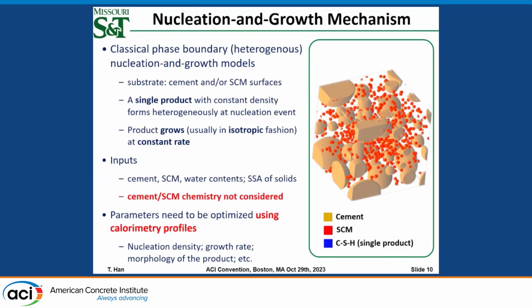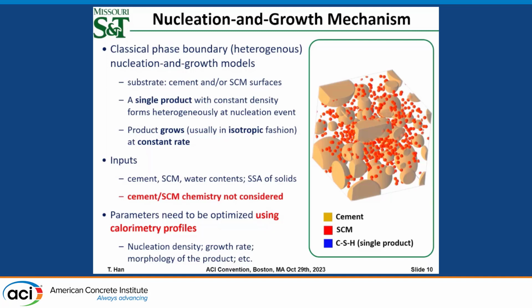Nowadays, the most reliable model to simulate the hydration kinetics is the nucleation and growth rate model. In that model, we say the nuclei grow on the surface of the cement and SCMs, but that model only accounts for a single product. It only has a constant density, but in reality we know it has many hydrates.